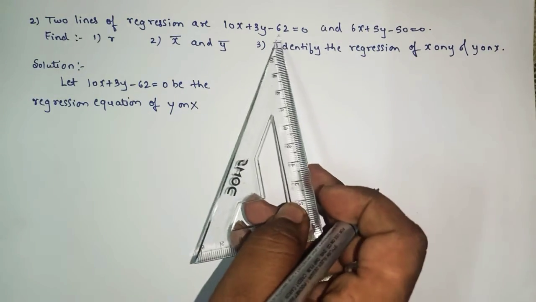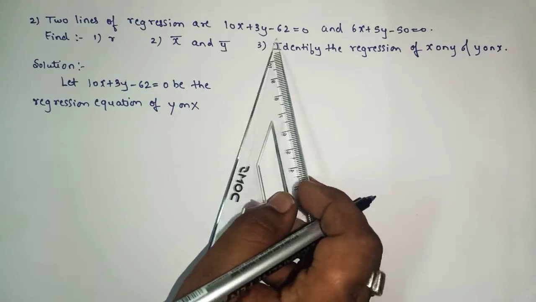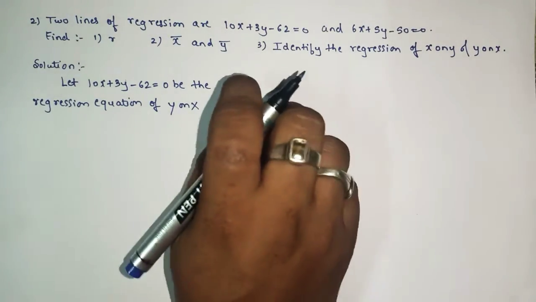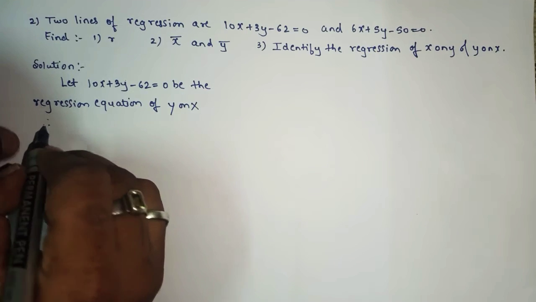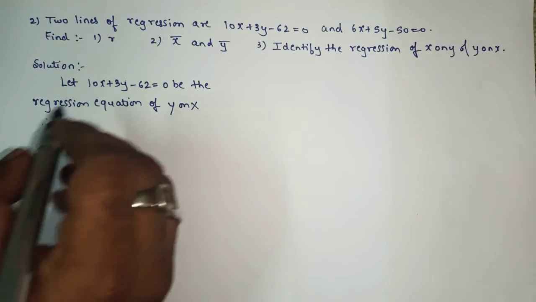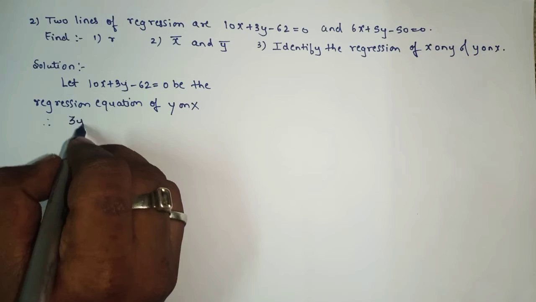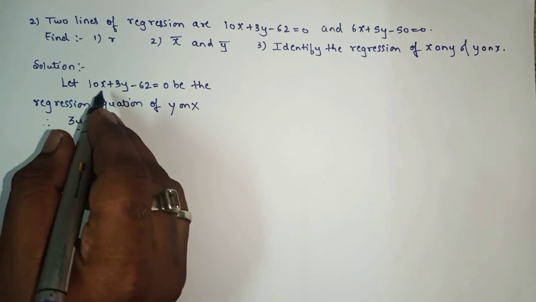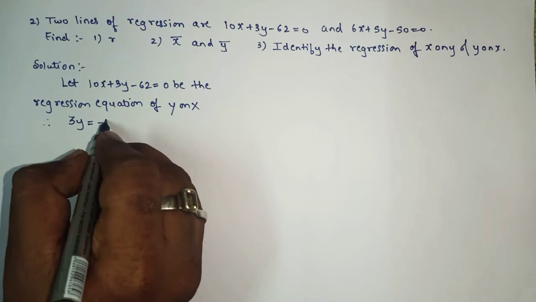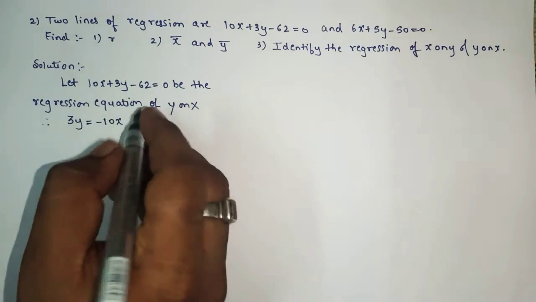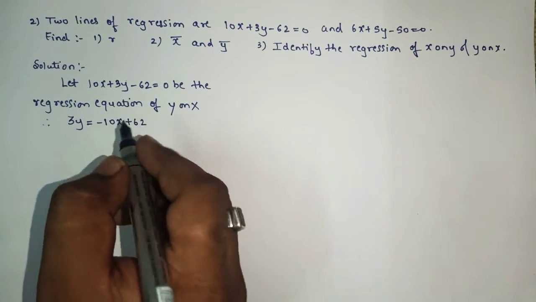As we will consider in each and every sum the first equation as y on x. So what do you mean by y on x? We'll keep y on the left hand side and the remaining number and alphabet, that means x, on the right hand side. So this will go that side. So this will be minus 10x plus 62.